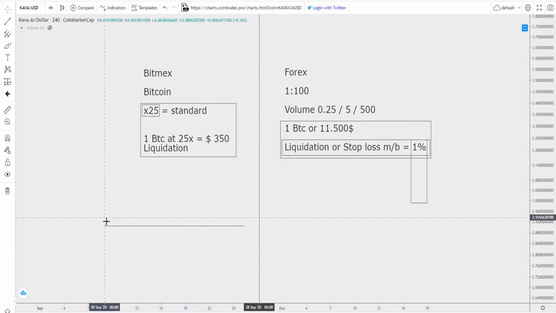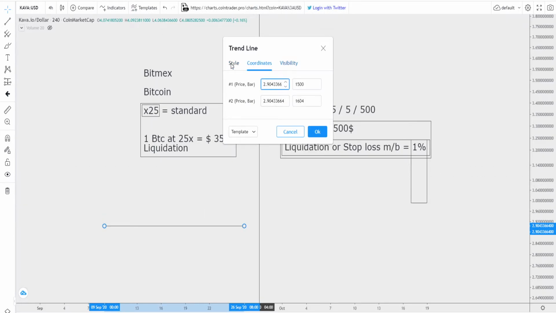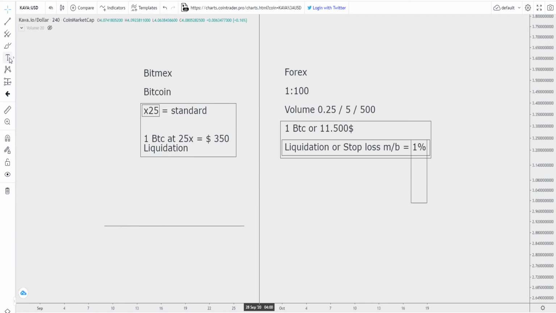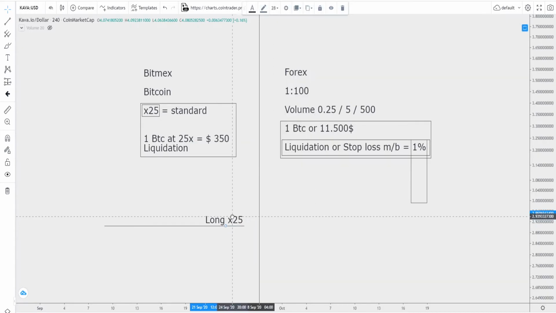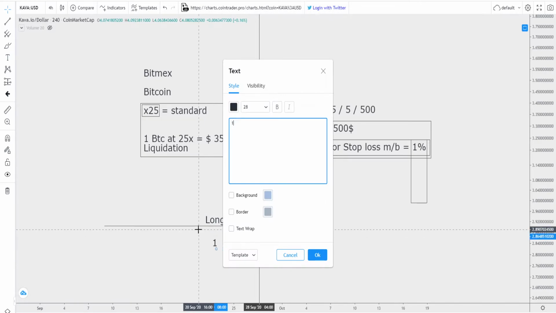So let's say this is our long position. Long X25. I'm going long on this range, let's say 11,500. Let's say this is for Bitcoin, okay?